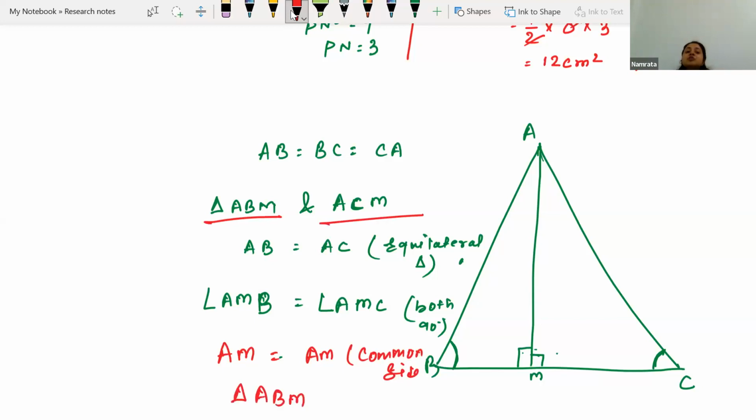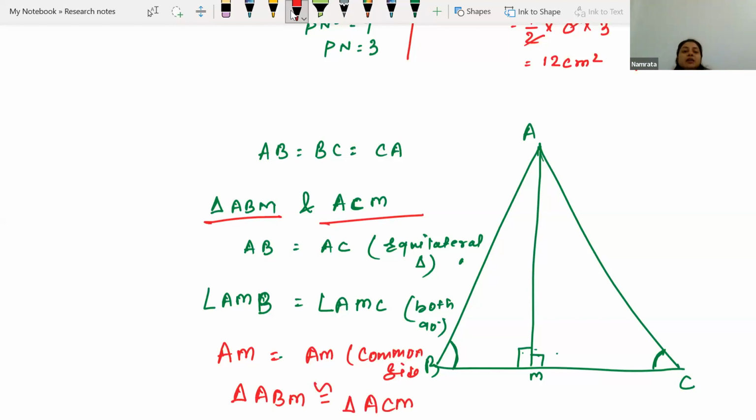Why am I showing you this? Because suddenly I am telling you that you will be dropping a perpendicular and the perpendicular will bisect the other side. You must be thinking from where this theorem came out. So that's what I am showing you, that from here only this theorem came out: these two triangles are congruent and hence their corresponding parts will be equal.